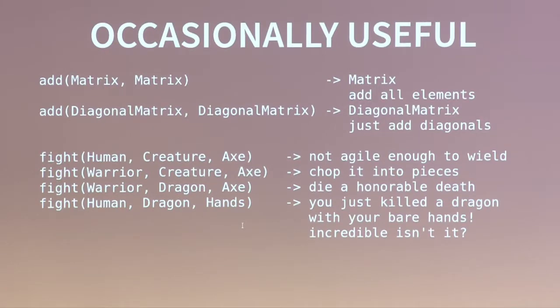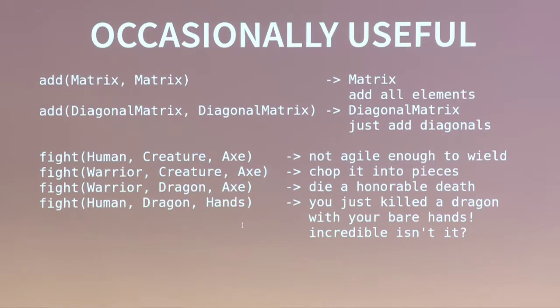You really want to tune the addition algorithm to the actual type of the two operands. If you're adding dense matrices, you have got to add all the elements. But if you're adding two diagonal matrices, well, first, you're probably not going to store all the zeros, and secondly, you don't need to add them. So it's important here, if the two arguments are diagonal matrices, that you recognize it and return a new diagonal matrix, storing only the new diagonal and sum only the diagonals. So that's the classical example.